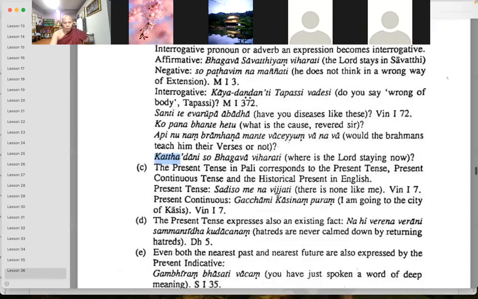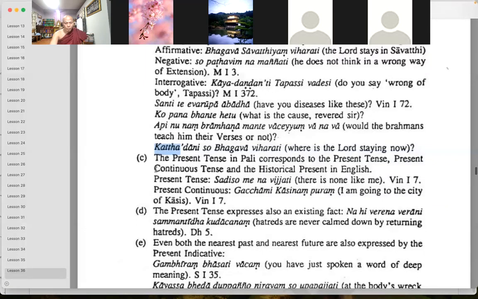So here, whether an example is included or not, I'm not sure. Okay, present tense. The first one is here. "Satthā me natthi, na vijjati"? So, I have no equal one. There is none like me. There is no one like me.